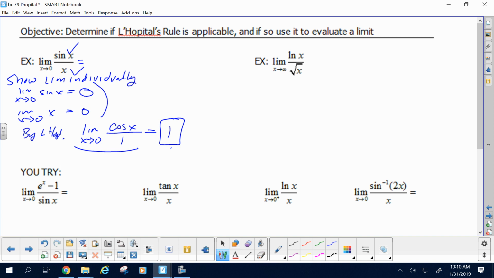So let's go to this guy. It feels like maybe infinity over infinity. Let's go here. The limit as x goes to infinity of the top. Here's the graph. As x goes to infinity, what does y go to? X is definitely getting bigger.